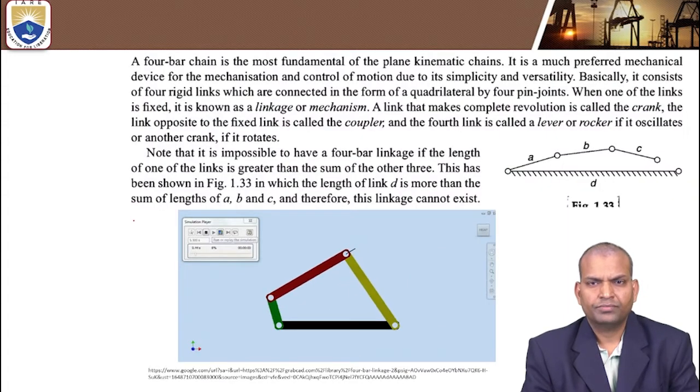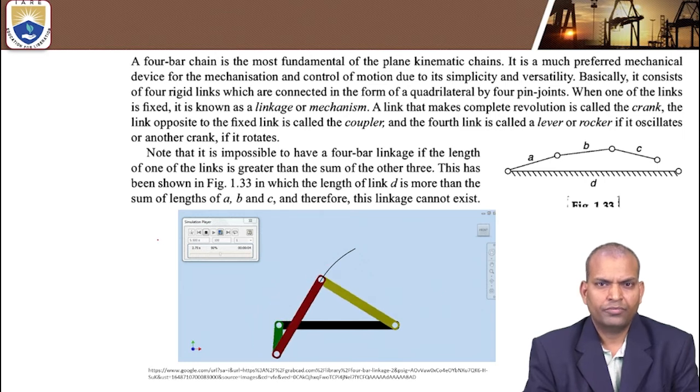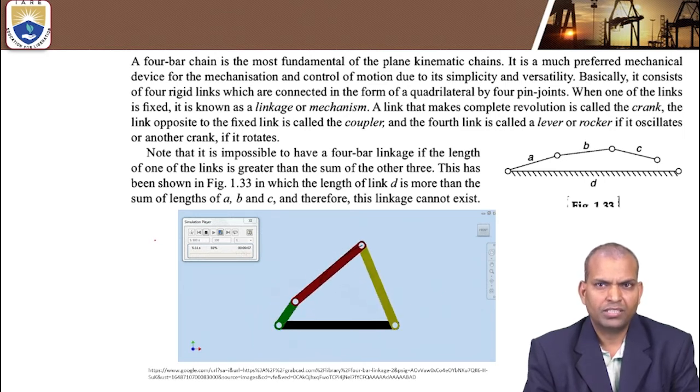Now that is the introduction. Let us discuss further the 4-bar linkage.